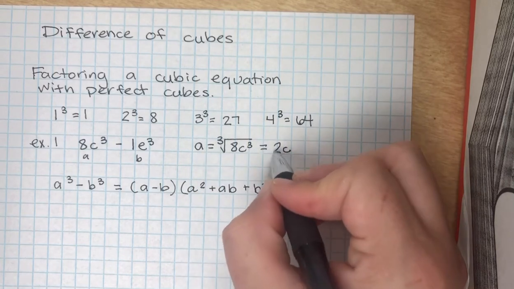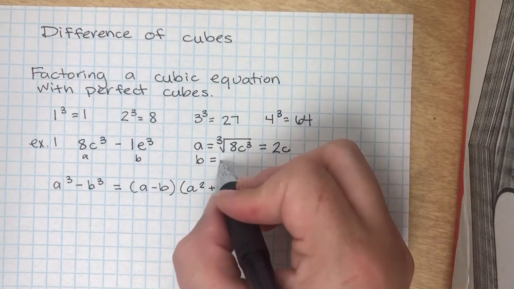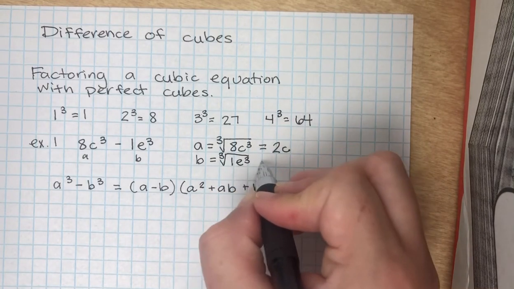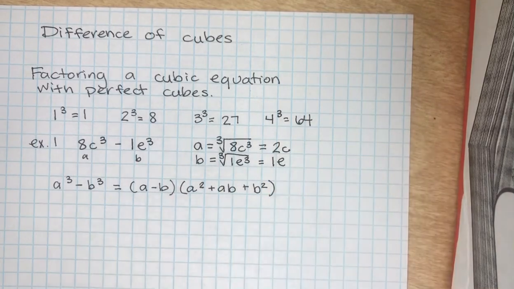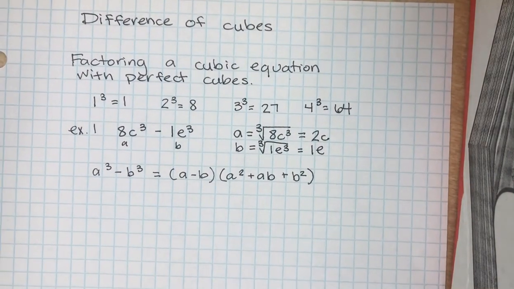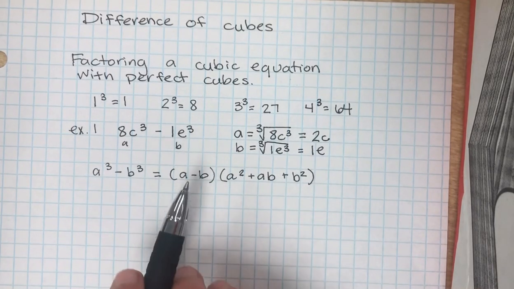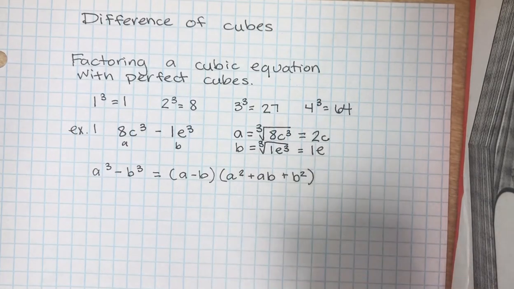So a is going to equal 2c. And b, the cube root of 1e to the third, is just going to equal 1e. On your quiz format, it doesn't really like for you to put 1e, so I'll just put an e into the problem so you can see what that quiz will accept as an answer.